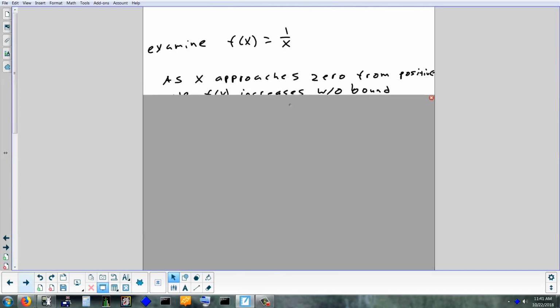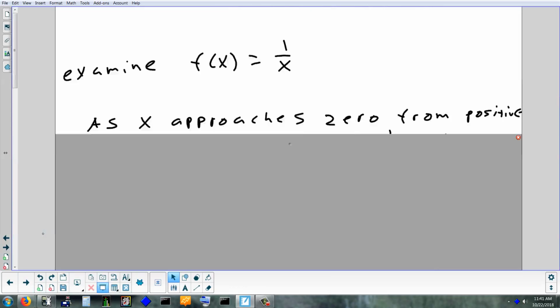Okay, so let's go back to the basic function, just 1 over x. Now, I don't want to look at what happens as x is getting bigger and bigger and bigger. I want to look at what happens as x gets very close to 0 from the positive side.